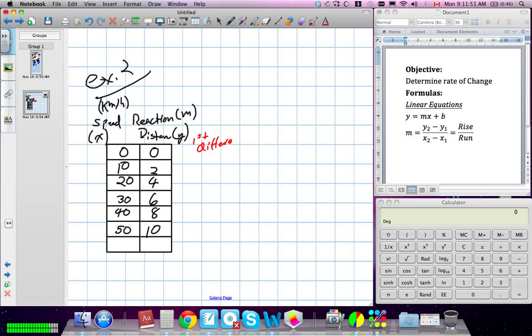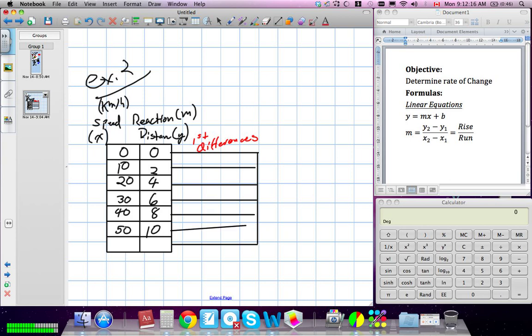So our first differences, I'm going to make a little chart here for them, is we're going to be subtracting the y values from each other to find out the change for every 10 kilometers an hour difference.